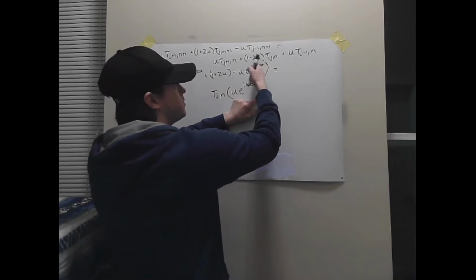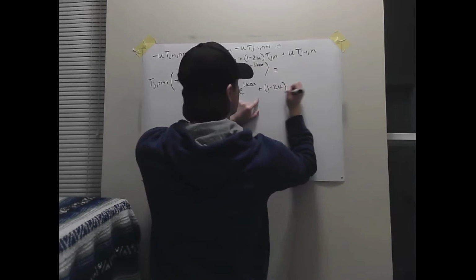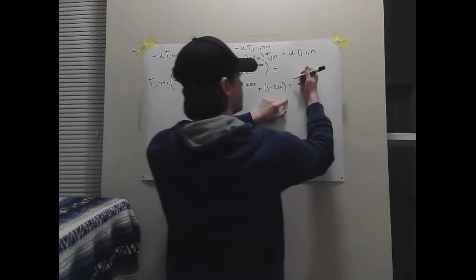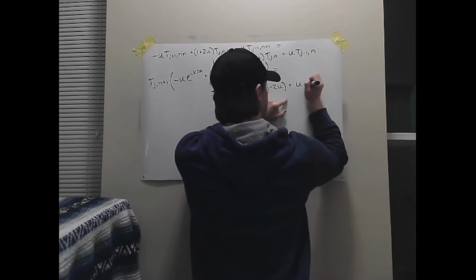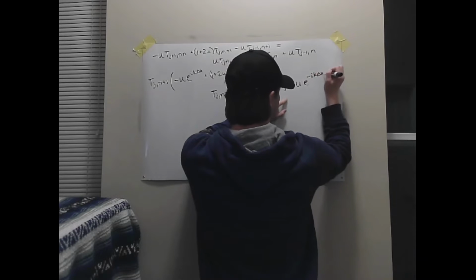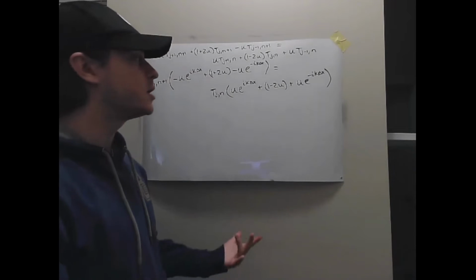For the middle term we just have the factor of 1 minus 2u. And then for the last term, we're at the previous increment, so it's going to be u times e to the negative i k delta x. And so this expression's already started to clean up a little bit.